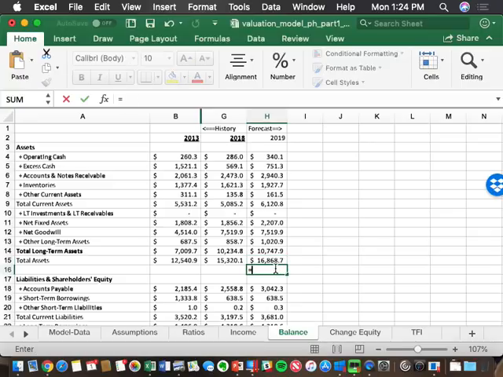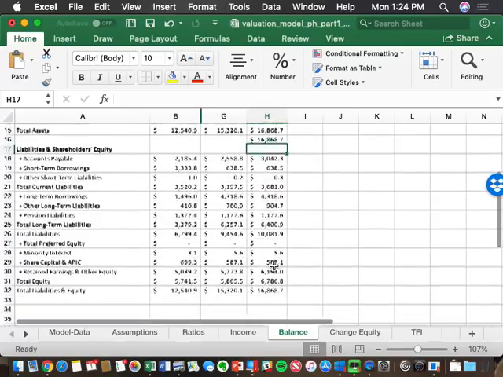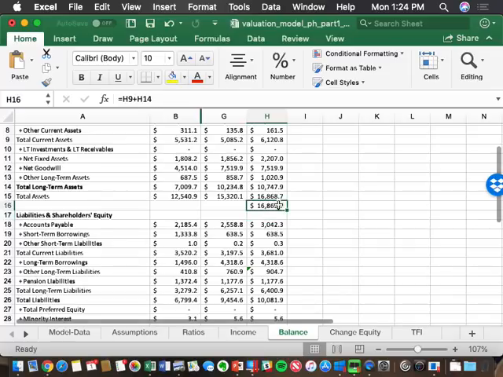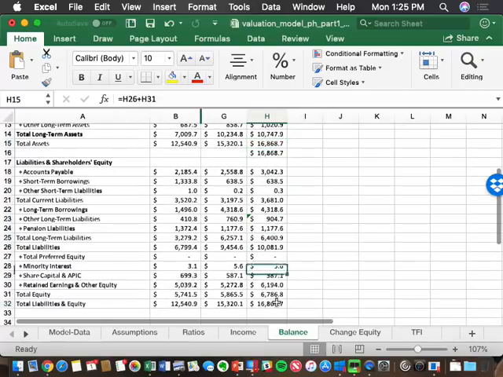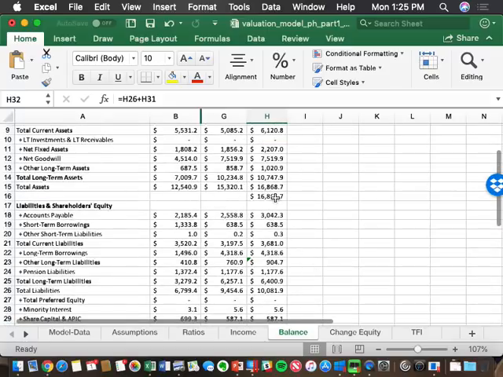And by the way, if we add the current assets plus the long-term assets, we should get exactly the same total assets that we plugged to equal the total liabilities and equity. Now this is just a check to make sure that I didn't screw up. If I plugged correctly, all my assets should add up to this number, and this number was, remember, set equal to that number. Okay, so I don't need this here. That was just a check to make sure I didn't screw up.